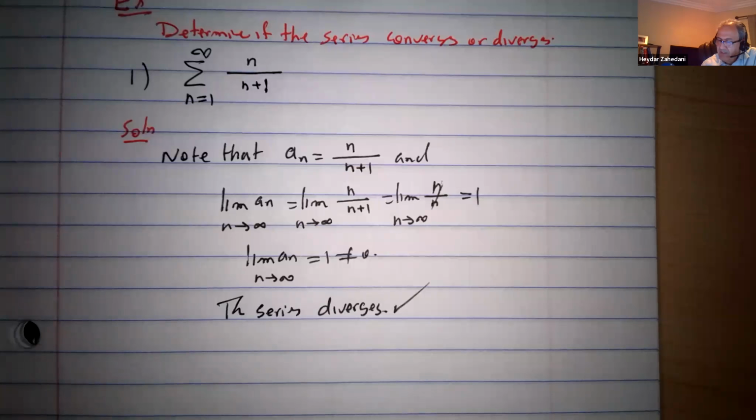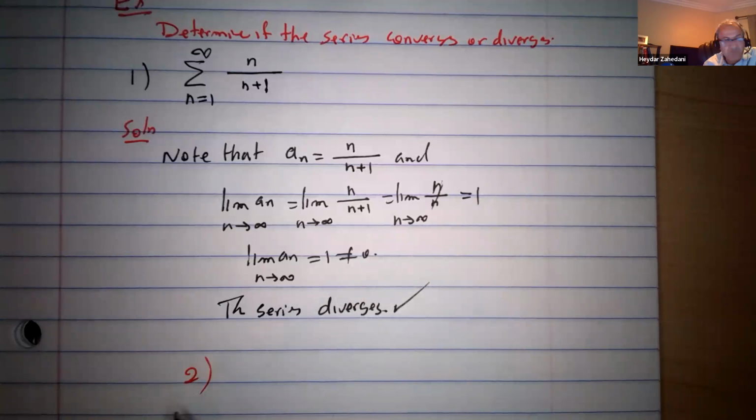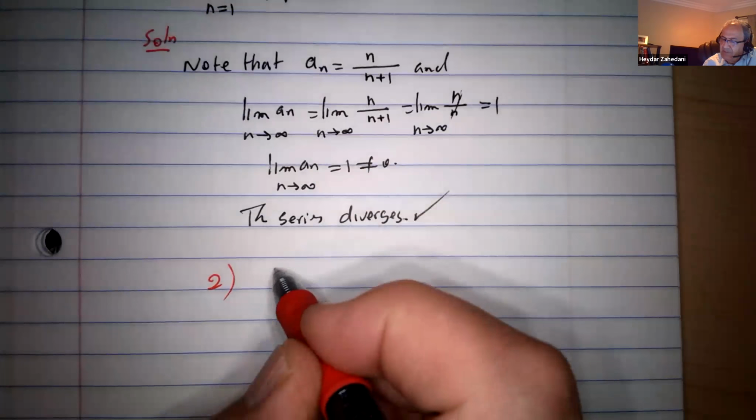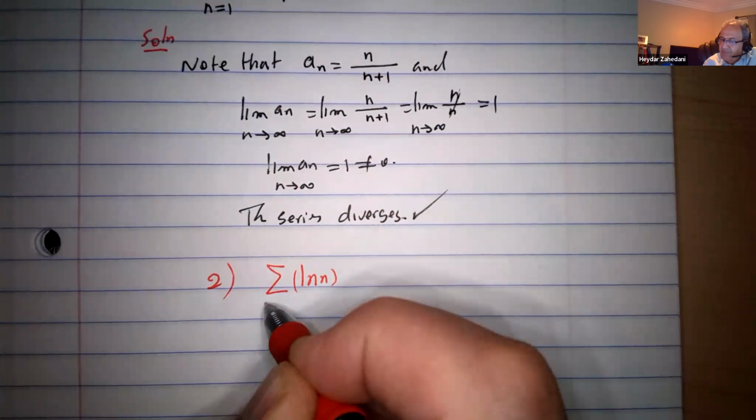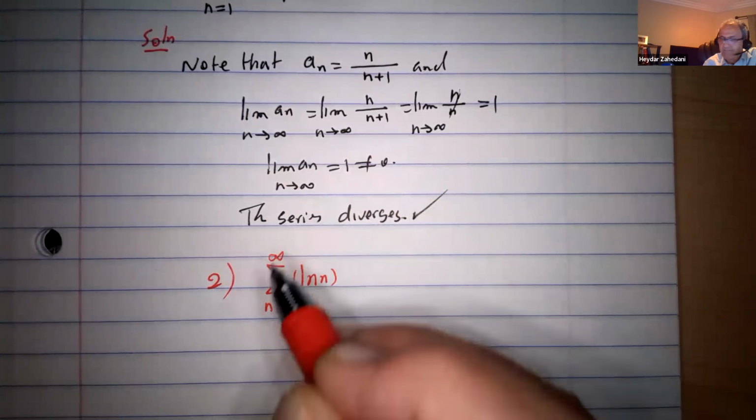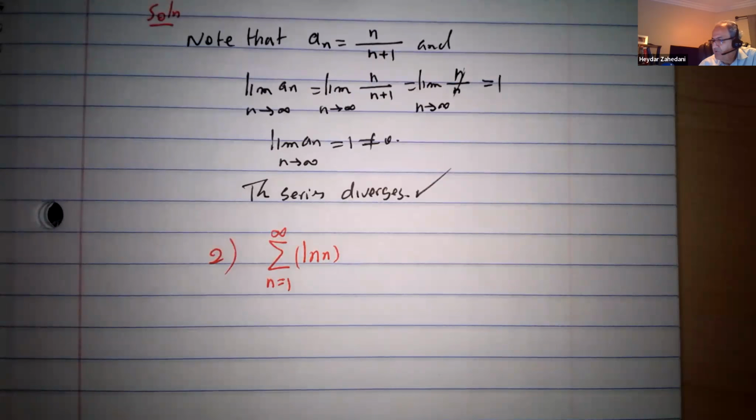Okay, and you have some easy but useful ones, like this one in your assignment: sigma of ln n, n from 1 to infinity. Quickly you have a look and say, is it geometric? No. Is it telescopic? No. Did you check the a_n? No, I'm going to check it now.